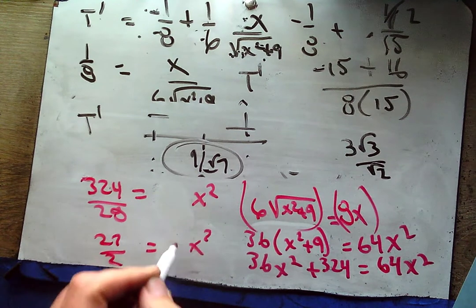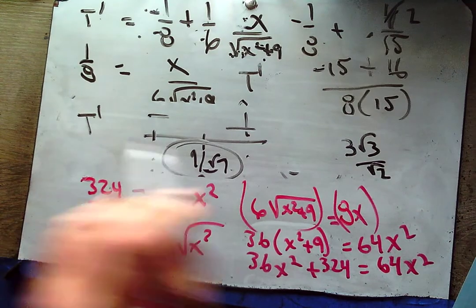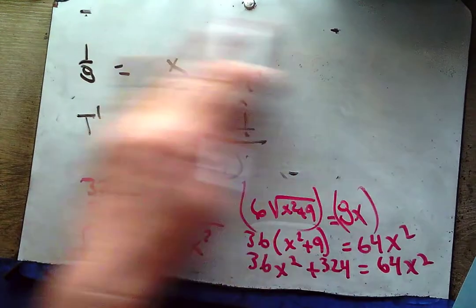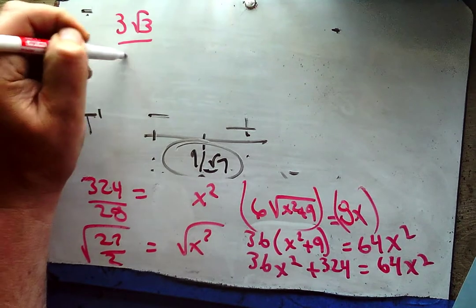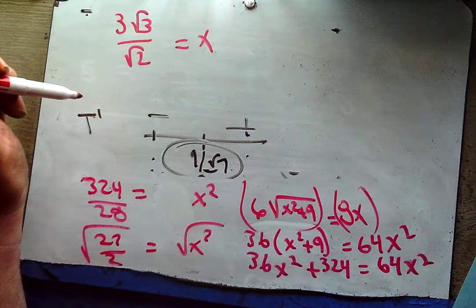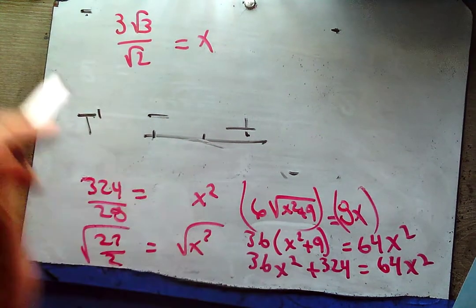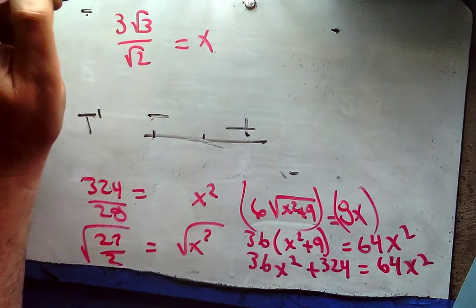And so I take the square root of both sides, and that's going to be, these boards just aren't big enough. That's going to be 3 root 3 over root 2 equals x. Huh, that's not bad. Oh, I'm sorry about that. But conveniently, we had the sign change.